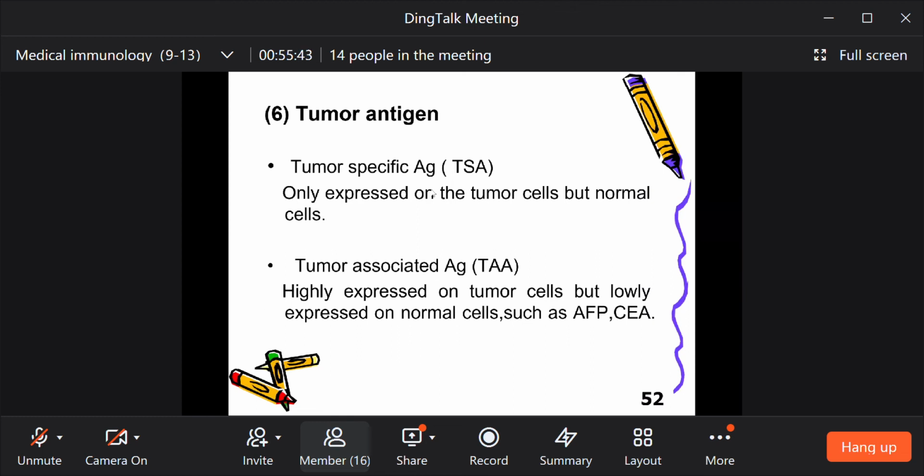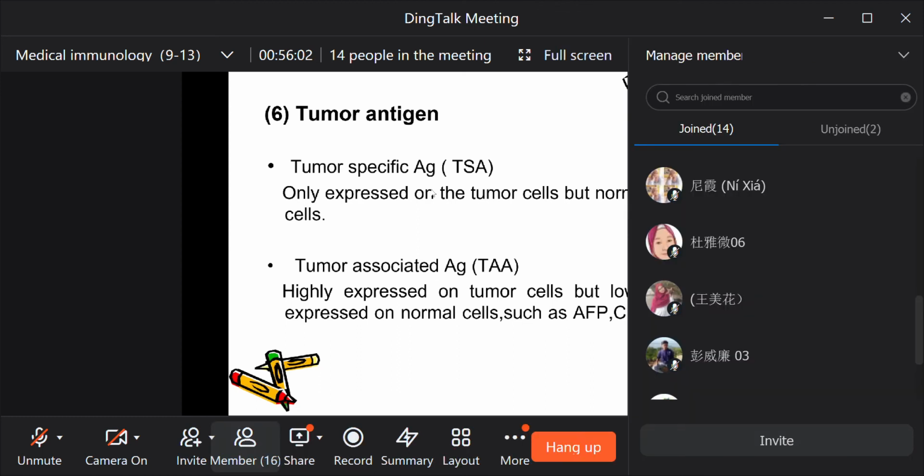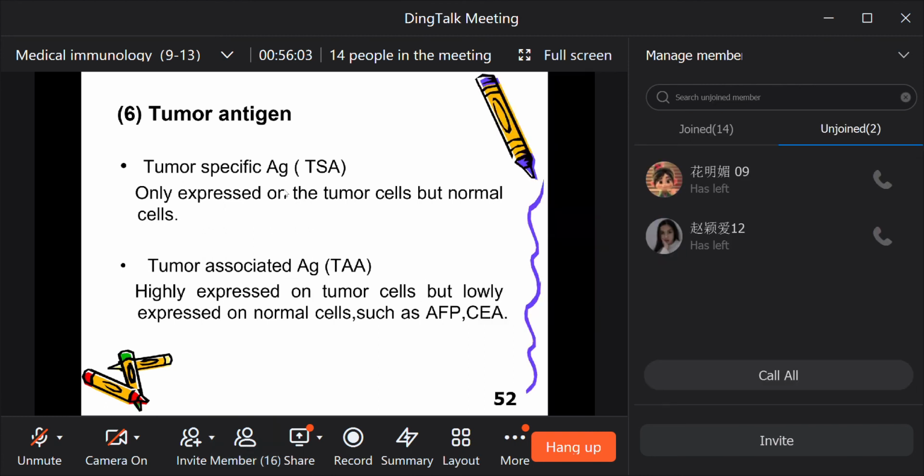Those different proteins from the normal cell are tumor antigens, because the normal cell has none of them. So here it describes that they are only expressed on the tumor cell, but not on the normal cell.